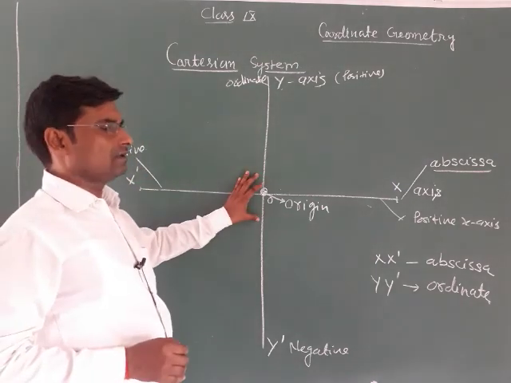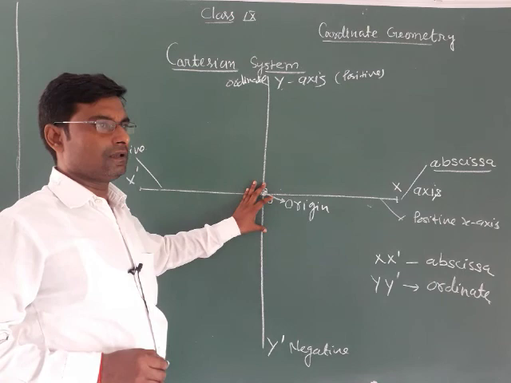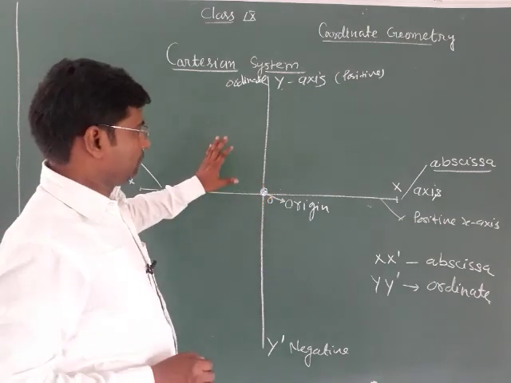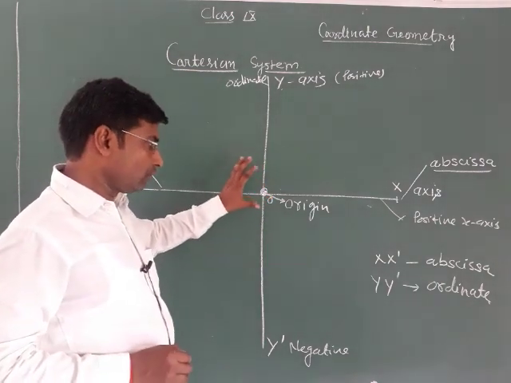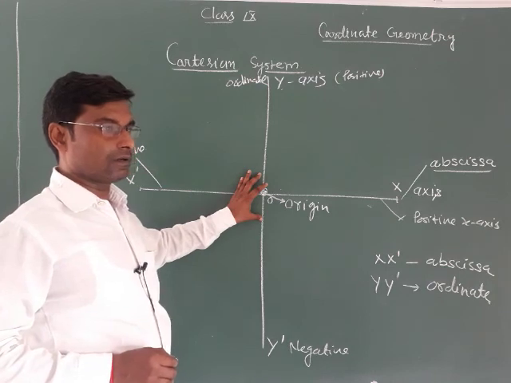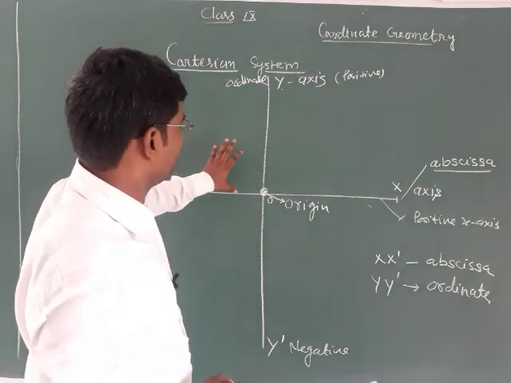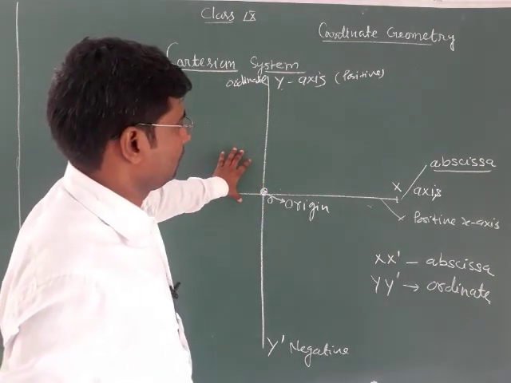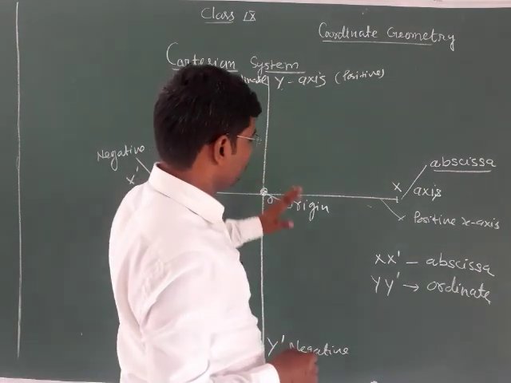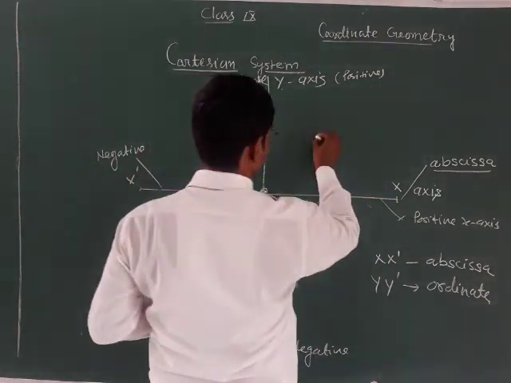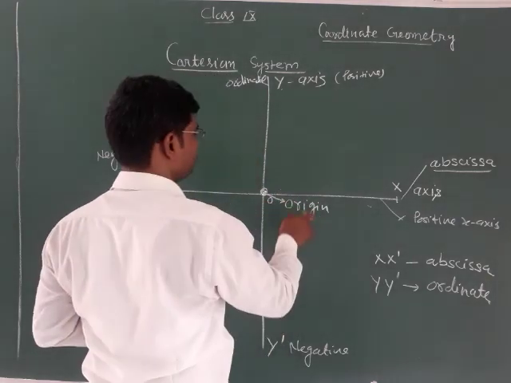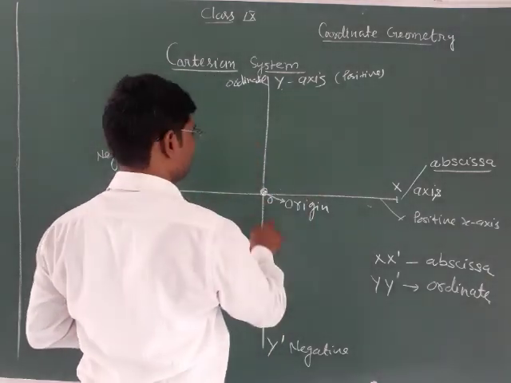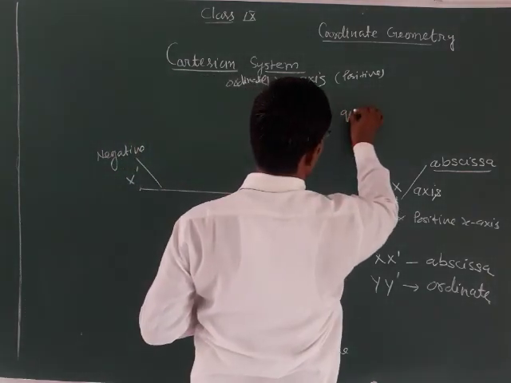These lines divide the plane into four parts. This is a quadrant. 1, 2, 3, 4.